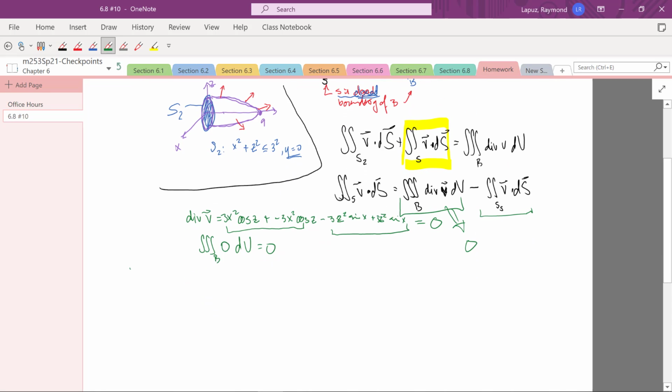All right, with a negative. So let's figure that out. So let's say minus, let's put the minus in later, and S2 of V ds. All right, what do we know about this particular surface?